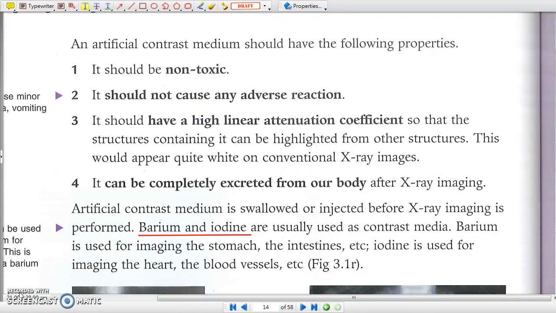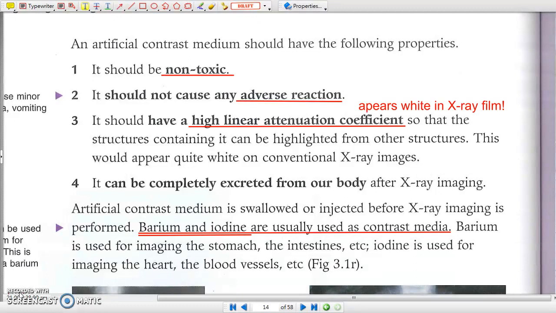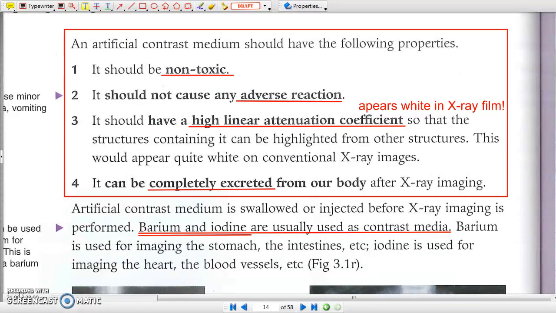Barium and iodine are common artificial contrast media, as they are non-toxic and they don't produce any adverse reaction. They have high linear attenuation coefficient, and yet they can be excreted from the body soon afterwards.